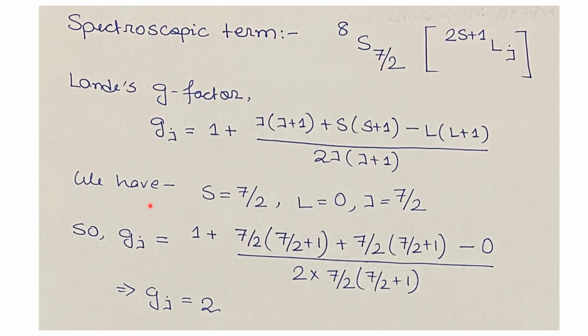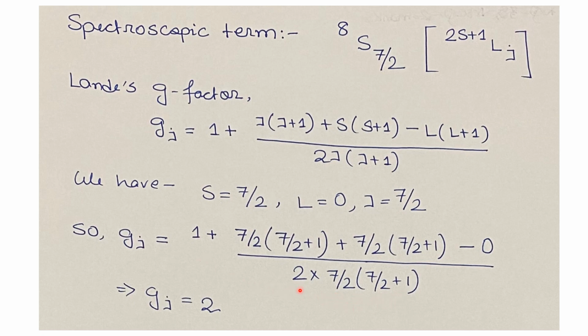So for our system S equals 7/2, L equals 0 and J equals 7/2. We put these values into the formula: g_J equals 1 plus [7/2 times (7/2 plus 1) plus 7/2 times (7/2 plus 1) minus 0, as here L equals 0] divided by 2J times (J plus 1), here J equals 7/2. So in the denominator we have 2 times 7/2 times (7/2 plus 1).